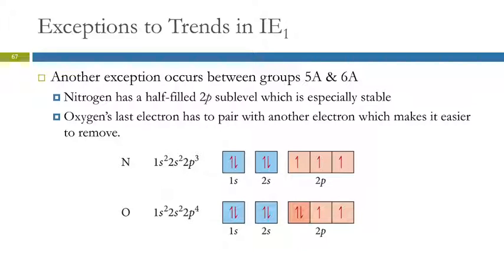If you've got it exactly half full, you get a discount. So oxygen has one more electron, and so its 2p sublevel is not exactly half full. If you take this one pesky electron away, then you get the bonus. So that's why oxygen has a lower ionization energy than nitrogen, instead of higher like we would expect.